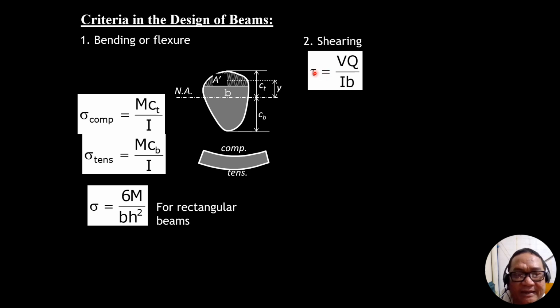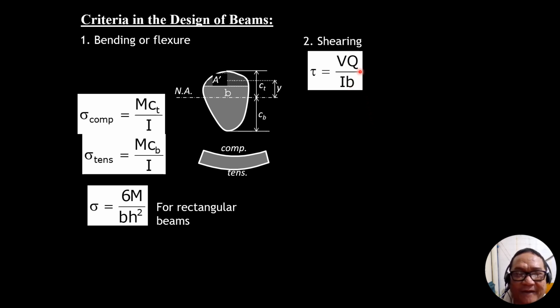So that you can read the formula as v equals VQ over Ib. So simply that's VQ. You have to ask for it because VQ is tasty. Chicken barbecue or pork barbecue would be tasty. So v equals VQ over Ib, to easily recall it.